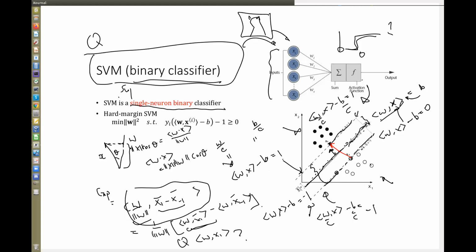What is wx1? So note that x1 falls on this line here, and x minus 1 falls on this line here. It's close, but you have to be careful here.